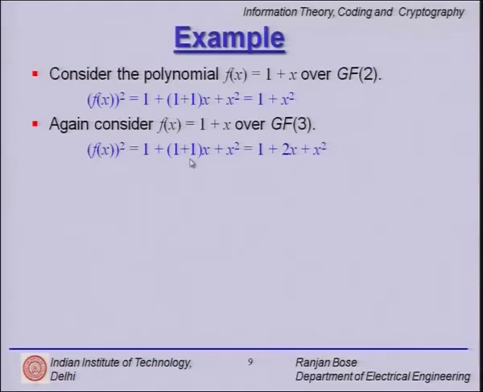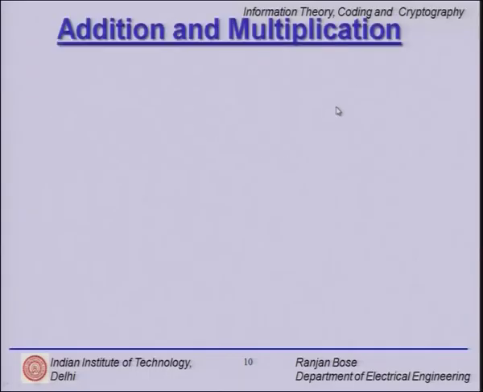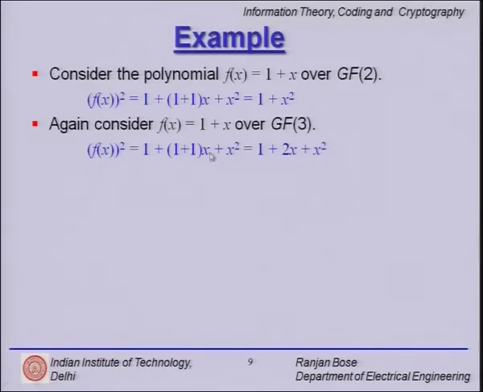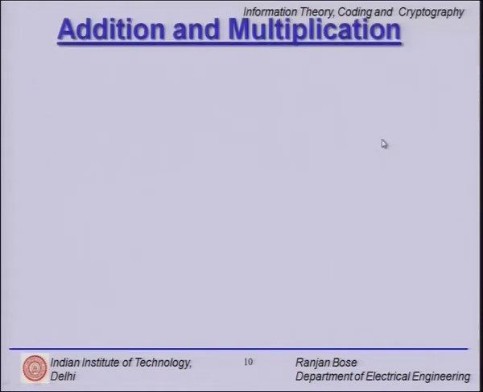And now you end up with 1 plus 1, and if you look at the table for GF3, which is also modulo 3 arithmetic, because 3 is a prime number, I get 1 plus 2x plus x square. So, the same polynomial squared over GF2 and GF3 gave different results. So, this is important to observe, that the field is important.